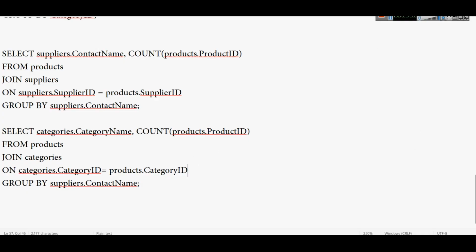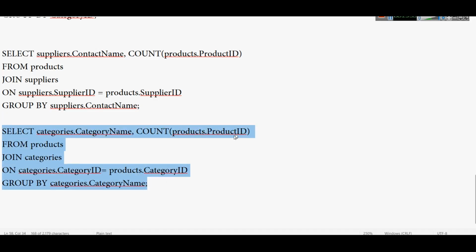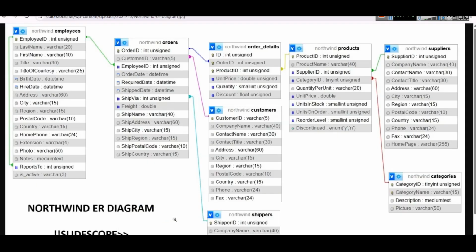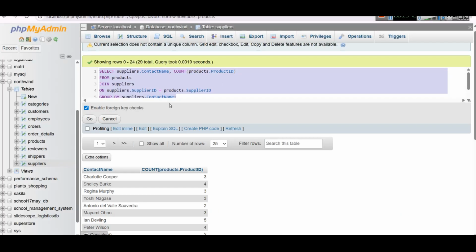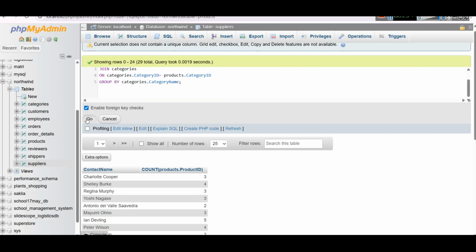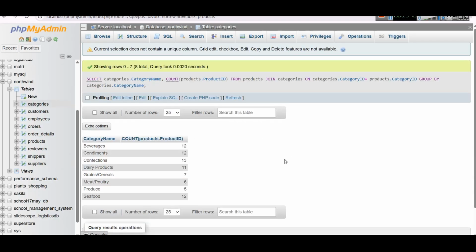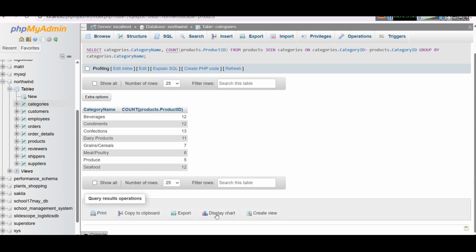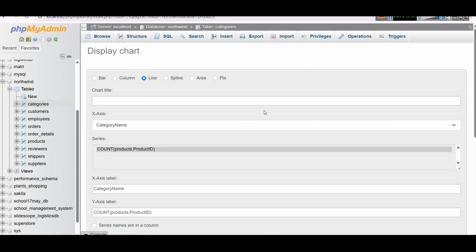And then what will we write in group by? Categories dot category name. Exactly, because here we don't have any supplier. When you run this, which is something we did just 10 minutes ago in this same chapter, you will get this answer. This is optional, but here you also get a display chart.